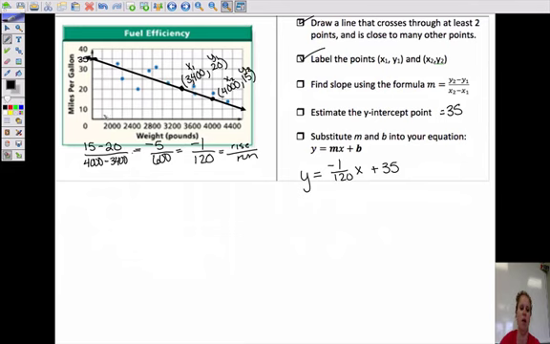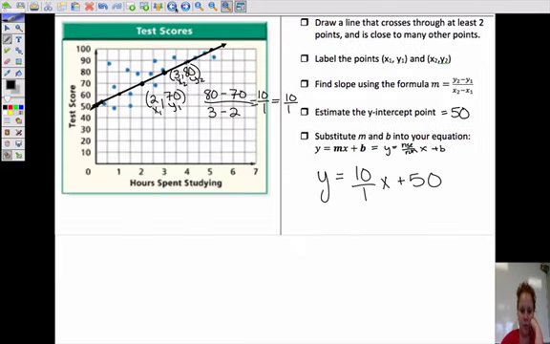Fuel efficiency. We were talking about the weight of cars and then their miles per gallon. So it looked like for every 120 pounds the car weighed, it went down one mile per gallon in fuel efficiency. Or you could see, we got that from for every 600 pounds the car weighed, it went down in fuel efficiency 5 miles per gallon.